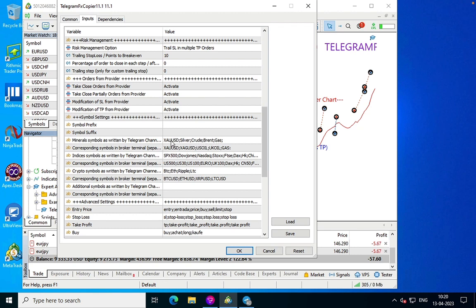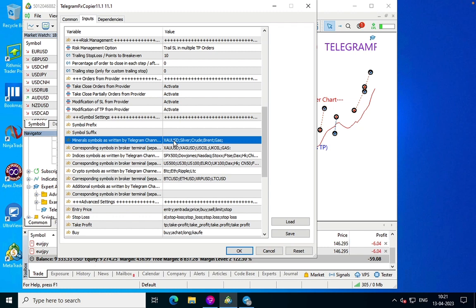Okay, so when you first install it, you're going to notice it doesn't say XAU USD, it says gold. But the channel that I'm following uses the term XAU USD, right? So I had to change it because when a signal would come through, the EA would say, I know what gold is. I know what I'm supposed to do with gold if I see the word gold, but I don't know what XAU USD is.